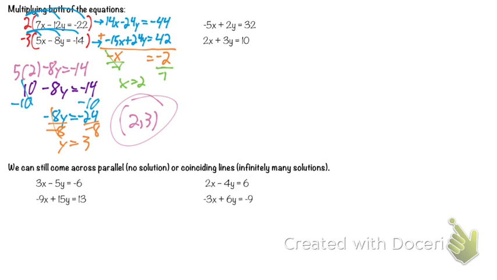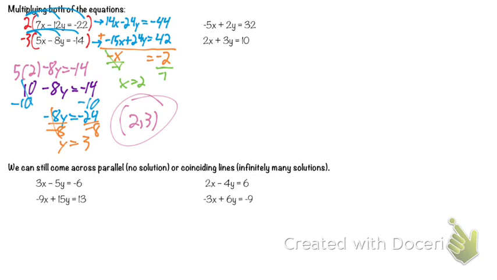Now we can still come across parallel or coinciding lines, no solutions or infinitely many solutions, and it's going to look very similar to what we've had before. So let's take this first equation down here at the bottom. 3x minus 5y equals negative 6, and negative 9x plus 15y equals 13. We want to get these equations to be the same numbers, different signs.